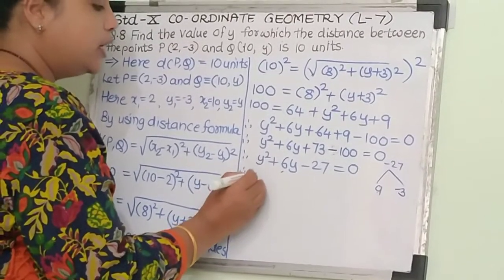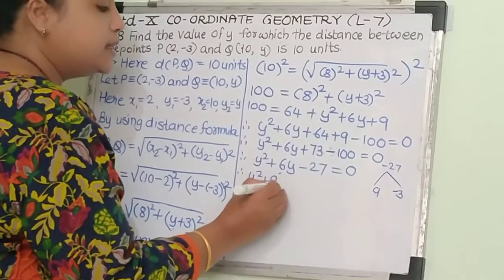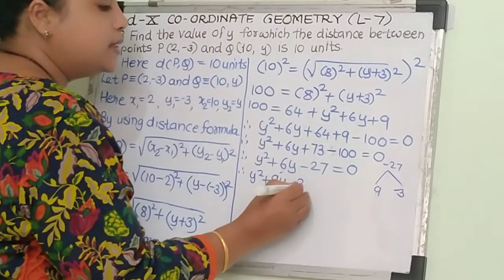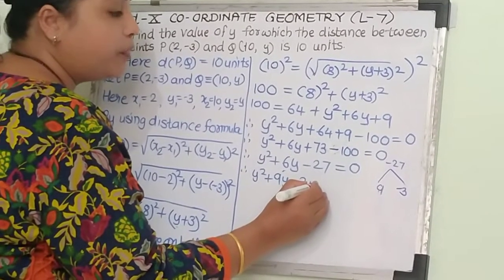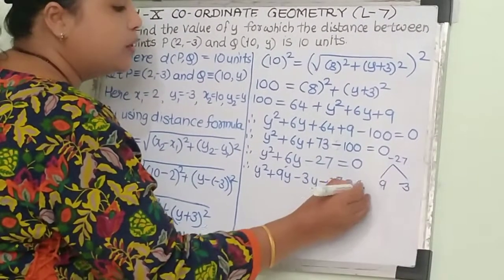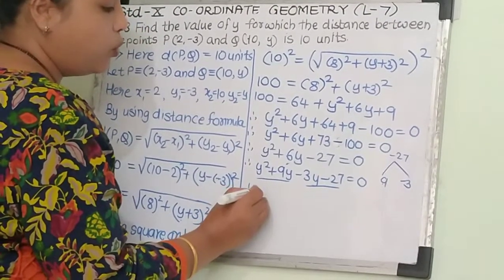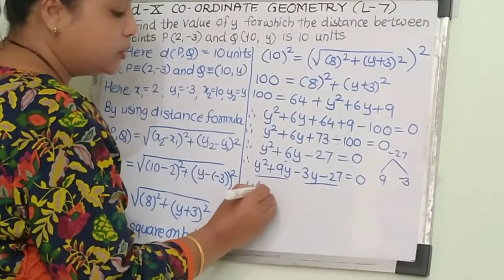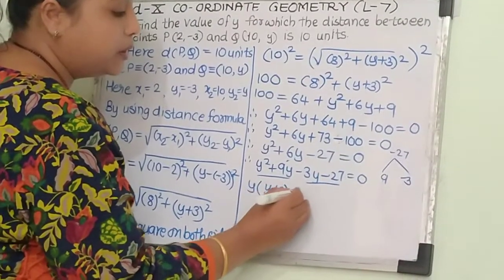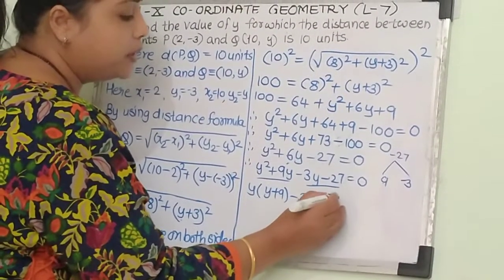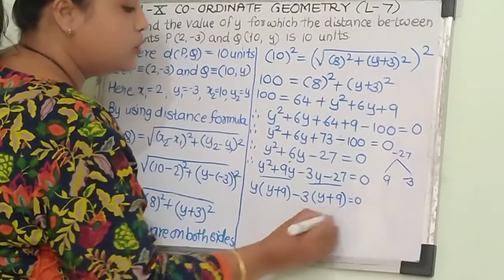So here we get y square plus 9y minus 3y minus 27 equals 0. So from this we can take y common: y plus 9 will be left, minus 3 common, y plus 9 left, equals 0.